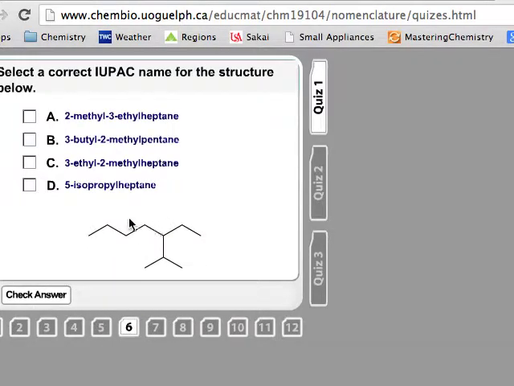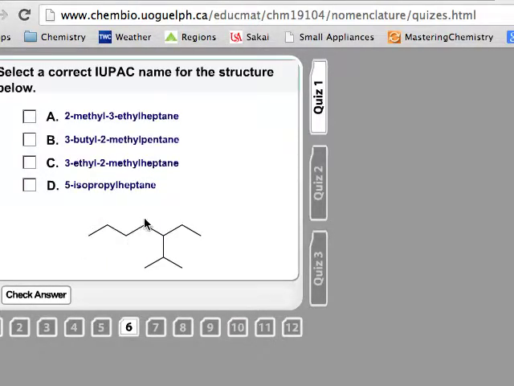All right, you want to give this a try? That is the isopropyl substituent group. Let's see if numbering, it may be part of your longest chain. 1, 2, 3, 4, 5, 6, 7.